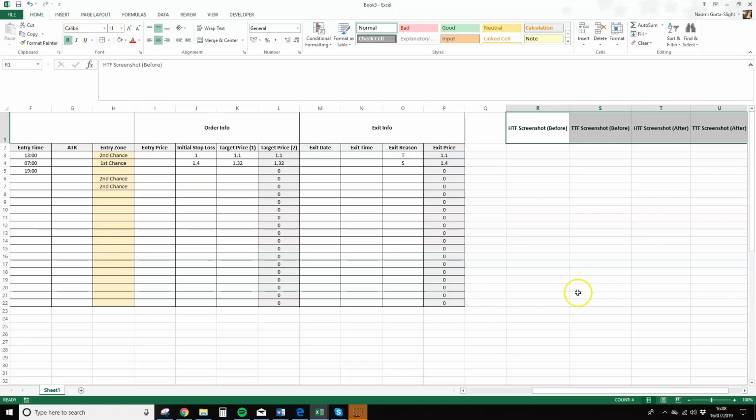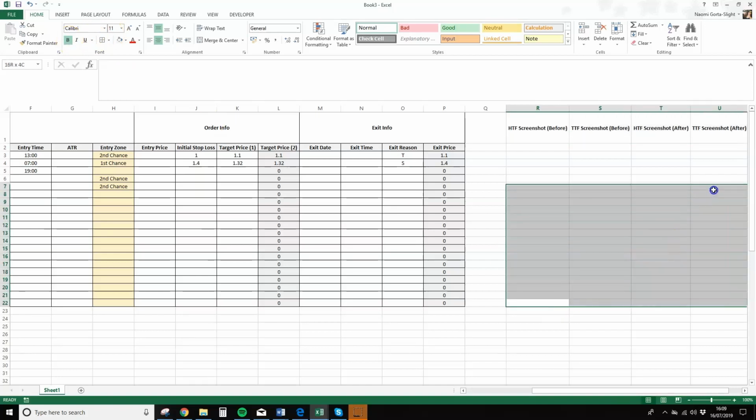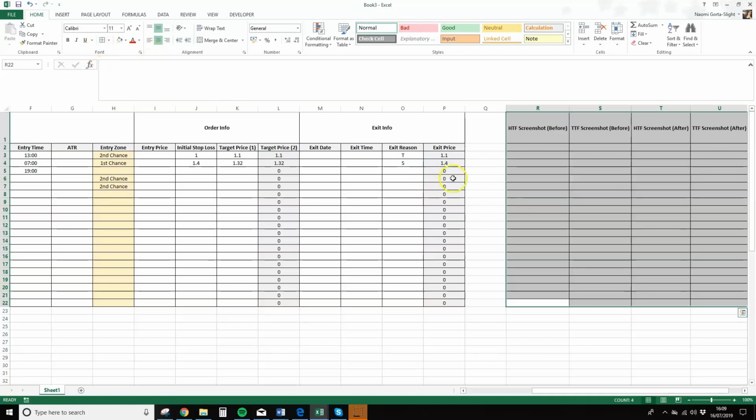I am going to show a way, by the way, to get your screenshots to automatically insert, but I'm going to do a little video that just talks about screenshots and how to insert those automatically, because then I don't have to explain it in this video and the third video, it's just one video covering it.